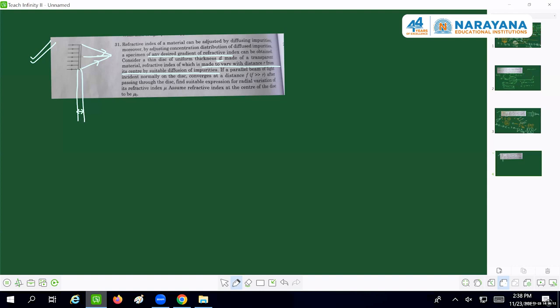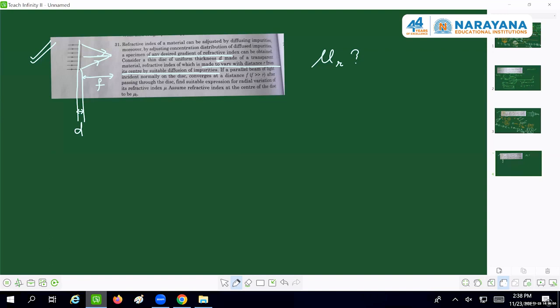Now, this is D, which is small, and this distance here is F, and the radius of the disk is not given, but he wants you to find out mu as a function of R. So by the same principle that I have used previously, if all of them have to reach this point, then by Fermat's principle, this wavefront which was here at t equal to 0, all the particles of this wavefront will reach this point here.